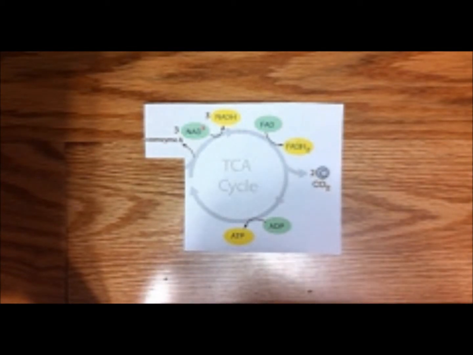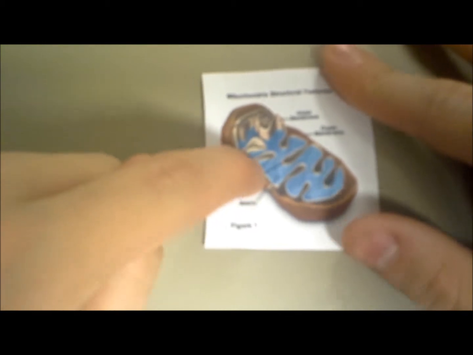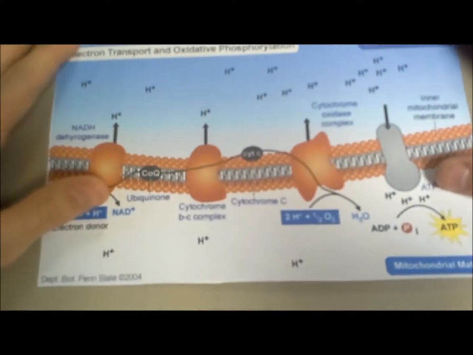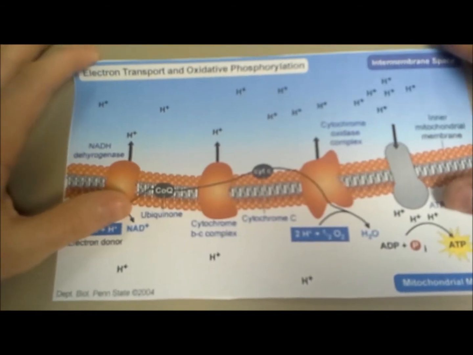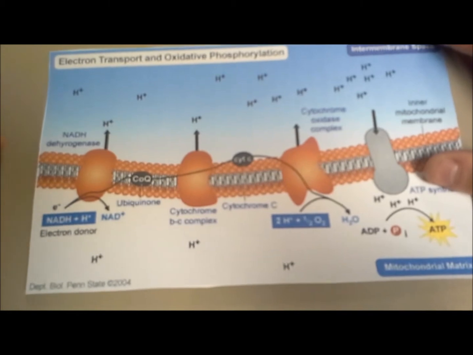And now we take a look at oxidative phosphorylation. The third step of cellular respiration is called oxidative phosphorylation. Oxidative phosphorylation occurs in the inner membrane of the mitochondria, called the cristae. Now, the 10 NADHs plus the 2 FADH2s from the two previous cycles go into oxidative phosphorylation.